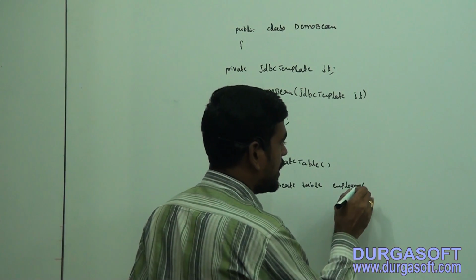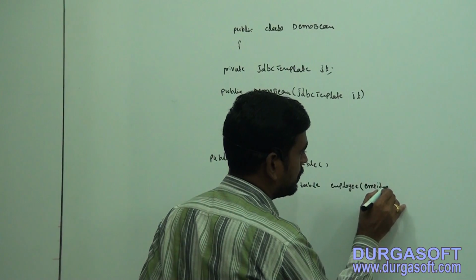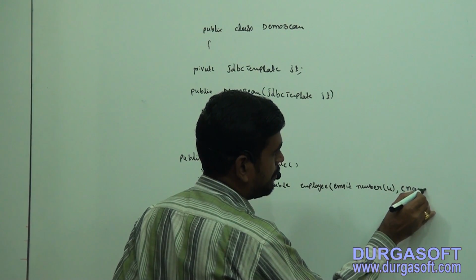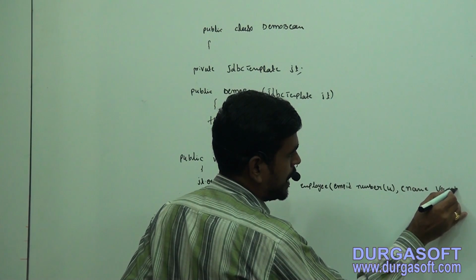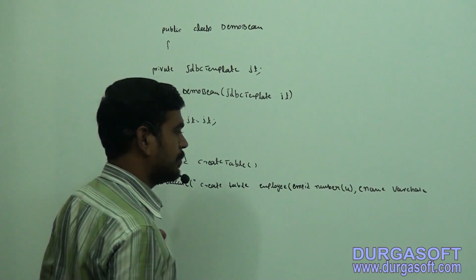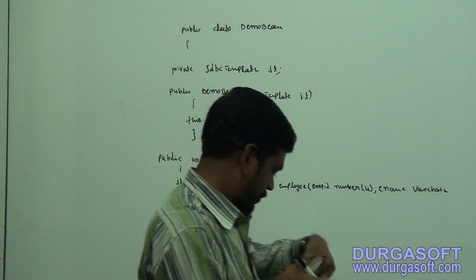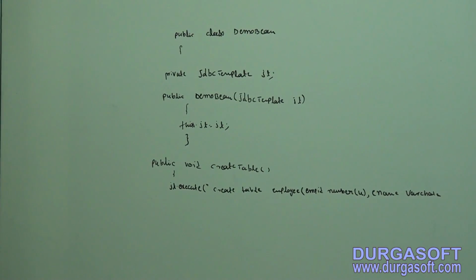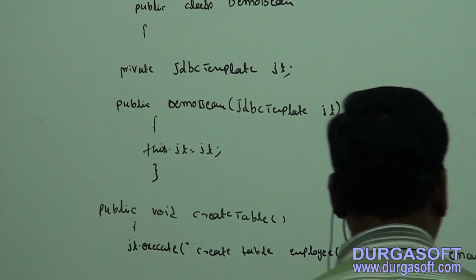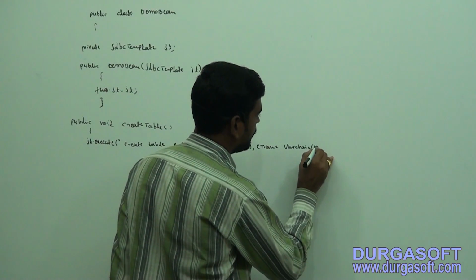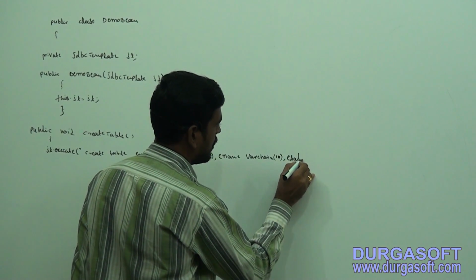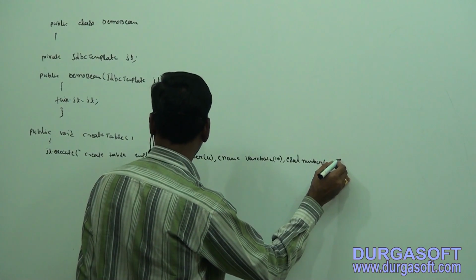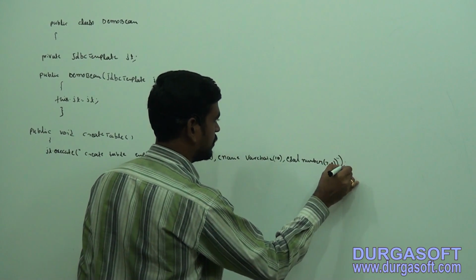Under that, EMPID number type, the next ENAME varchar2 of 10, the next EVAL number, now 7,2.